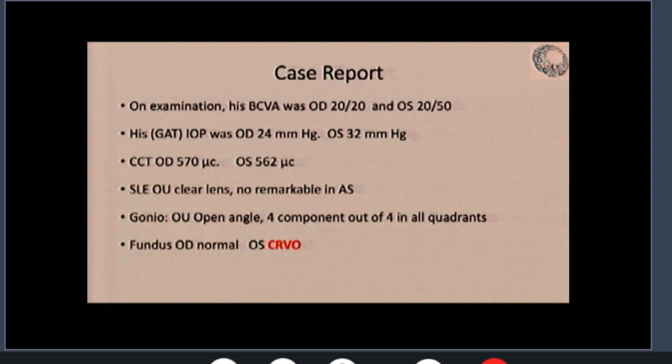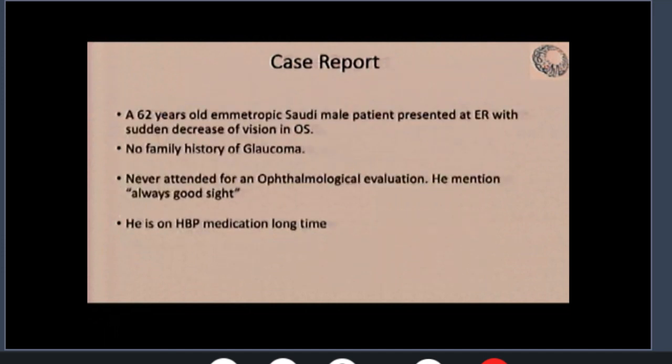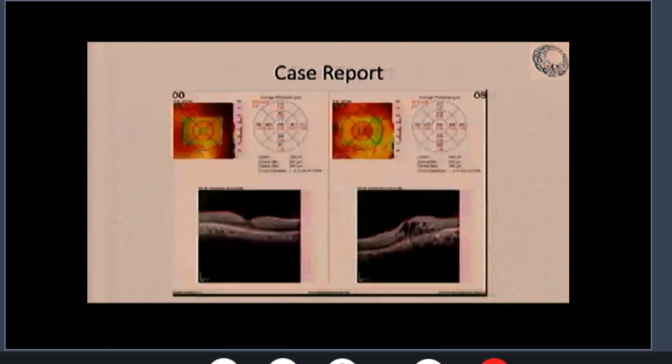That's the pathophysiology, simple: high intraocular pressure. We sometimes don't remember. We think we have to reduce the pressure because of the progression of glaucoma, and we forget that in risk factor patients, high intraocular pressure can produce central retinal vein occlusion.